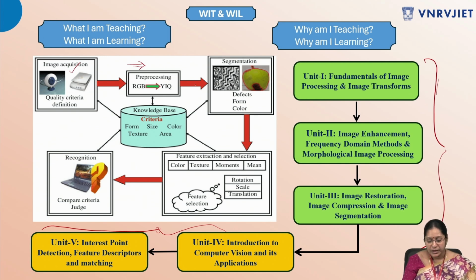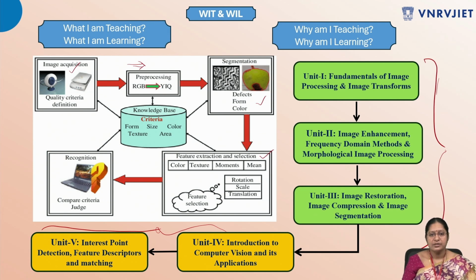And next, it goes through segmentation. Whatever defective images or defective colors and parts, these are removed from the images. Next, after completing the segmentation, it comes to feature extraction and selection.